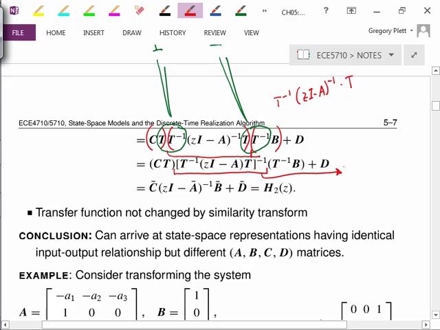Remember, when you are taking the inverse of a product of square matrices, you can write that as the product of inverses where I take things in the opposite order. So I have to take that one first and write its inverse, which would be T inverse. Then I take this, which I write as (zI minus A) inverse. And finally, I take T inverse, which I write as T inverse inverse, or T. All of that is in fact what we had here to begin with.